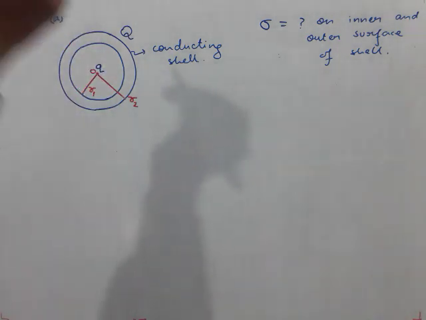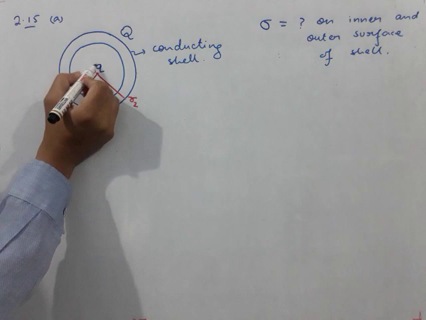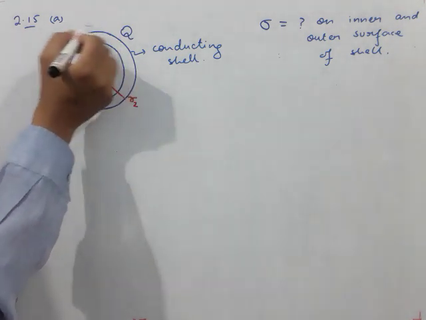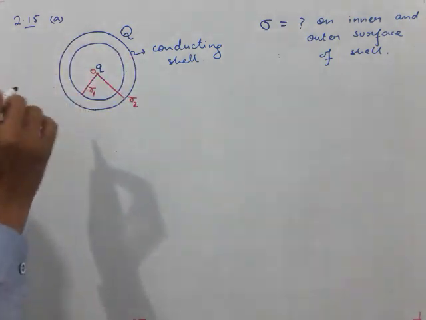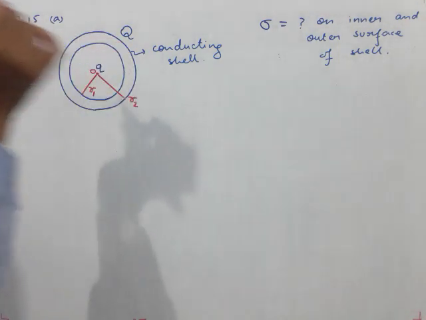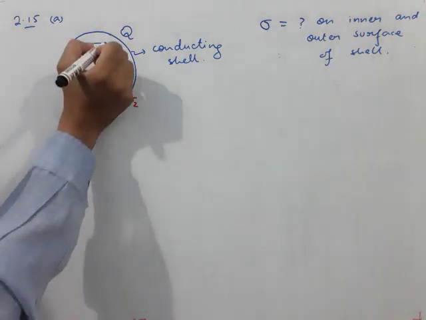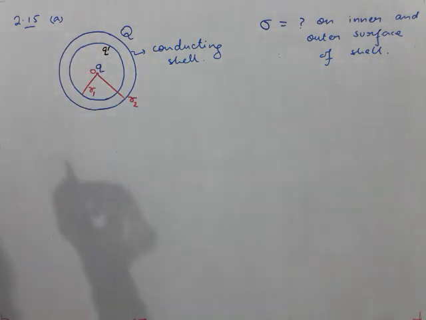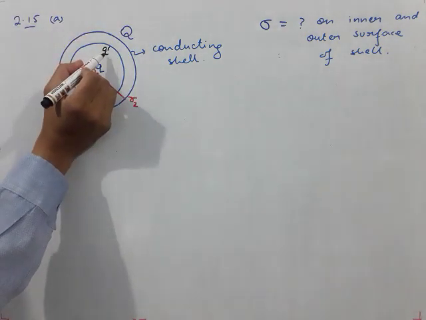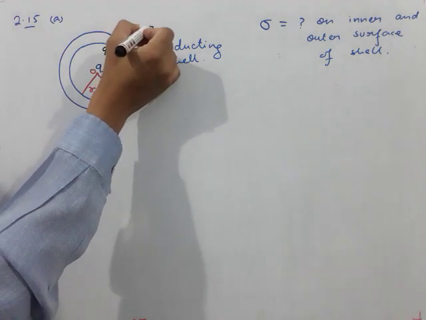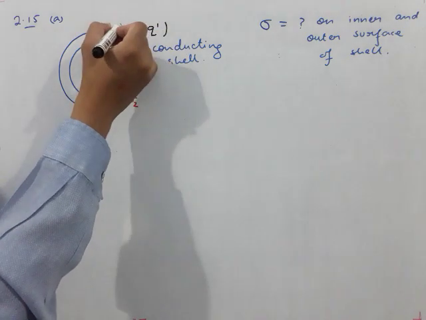Q. Because of this small charge q at the center, the free electrons in the conductor will experience some force, and because of that there will be some distribution of electrons. Some charge will appear on the inner surface. That charge I write as, suppose, Q dash. So out of Q, if Q dash appears on the inner surface, how much will remain? Q minus Q dash will remain on the outer surface.